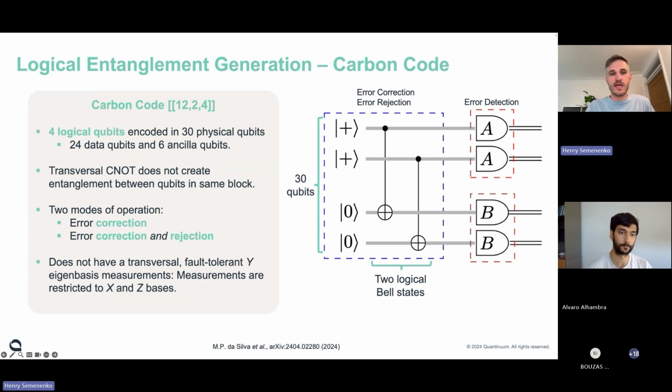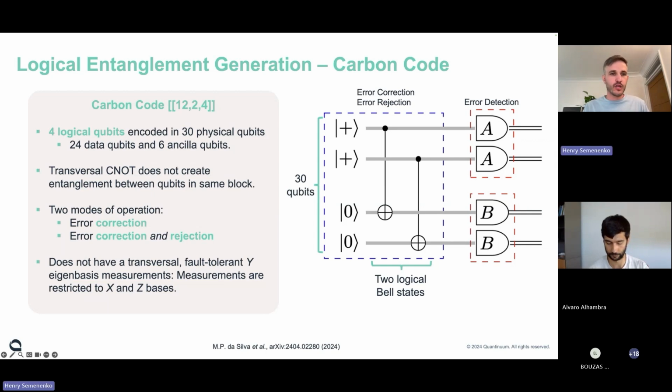The reason that we need 2 code blocks here is because the transversal CNOT operation that we perform with this code isn't between qubits in the same block. It's between qubits in individual blocks, so 2 separate blocks. So here, instead of creating one Bell state, we're creating a pair of logical Bell states with this operation.